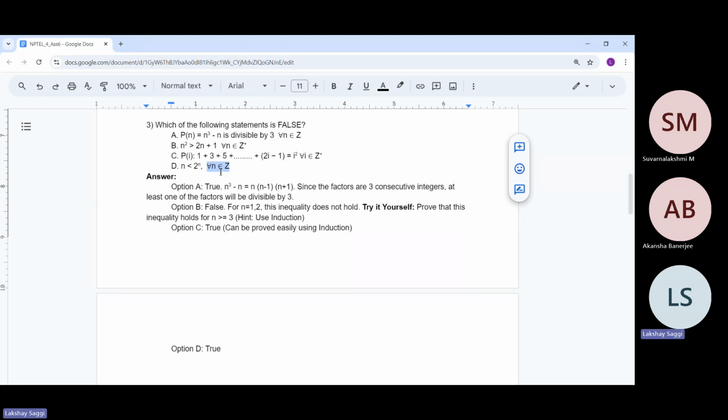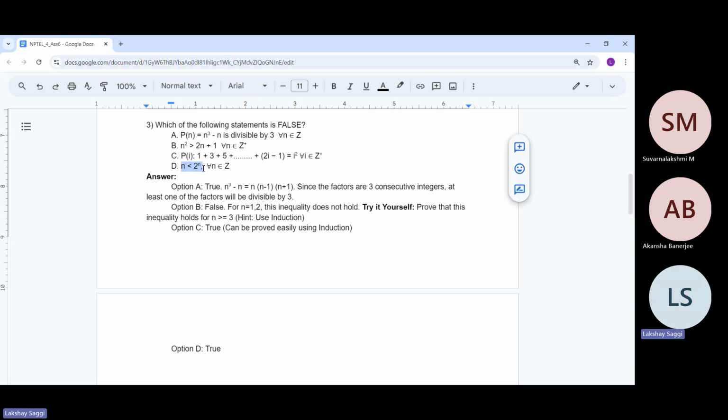Actually, maybe we can just see that if n is negative, then this side is less than 0, whereas 2 to the power of a negative number will be greater than 0. Like 2 to the power minus 1 is only equal to 1 by 2, which is anyways greater than 0.